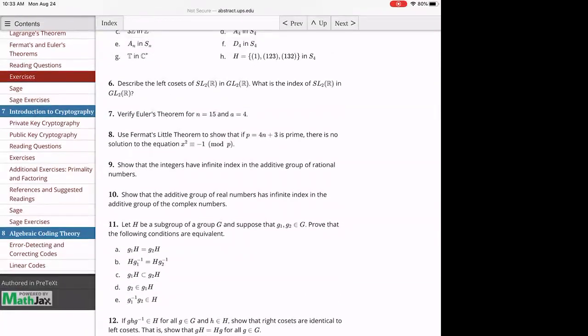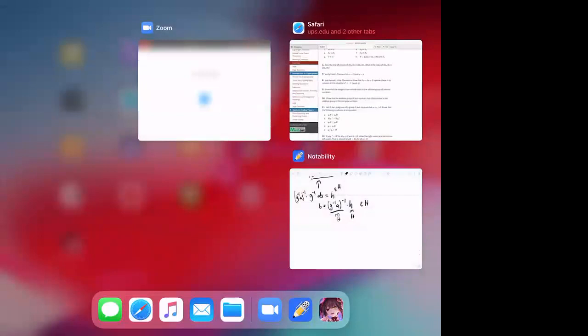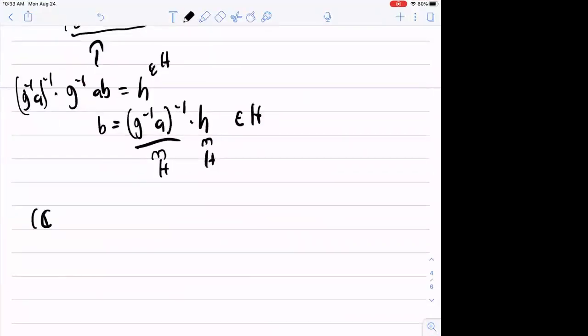Show the additive group of real numbers has infinite index in the additive group of complex numbers. So again, we have C under plus, this is a group, and then as a subgroup, R under plus, that's a subgroup of C under plus.